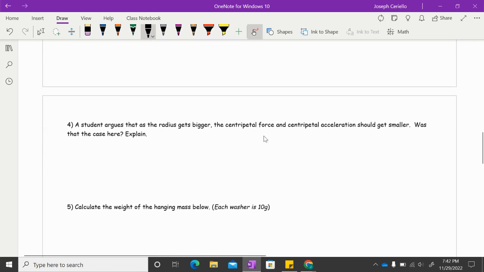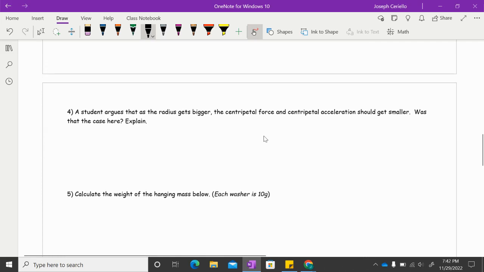So a student argues that as radius gets bigger, the centripetal force and centripetal acceleration should get smaller. Was that the case here? Explain. Well, why would they say that? Well, they know the equations a_c equals v squared over r and F_c equals m v squared over r.